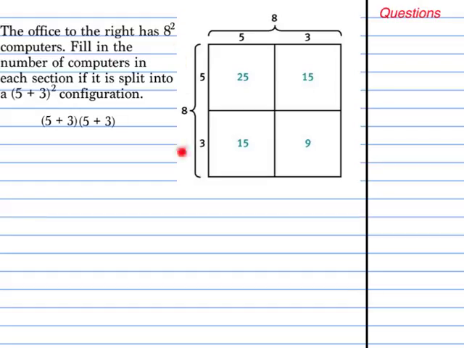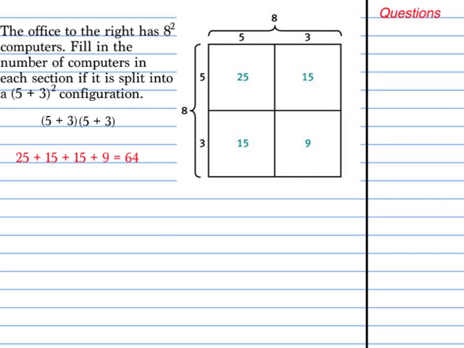Now, I should have a total of 8 times 8, which is 64. Let's see if this breaking it down gives me a total of 64. I'm going to take the 25 computers in the first section, add it to the 15 in this section, 15 in the third section, and 9 in this section. Now this gives me a grand total of 64 computers.